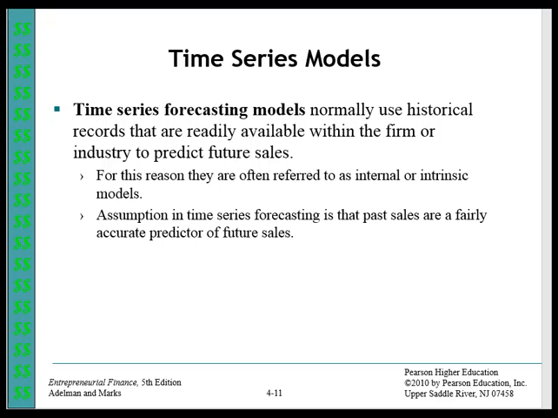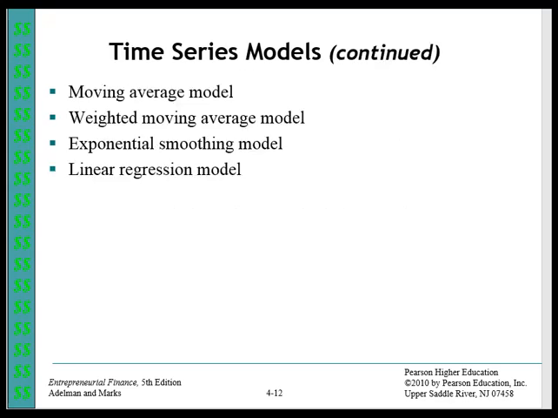The assumption of time series is that the data we're looking at has some predictive ability in the thing that we're trying to forecast. And there are several types of these time series models. Something called a moving average, a weighted moving average, an exponential smoothing model, and a linear regression model. Now, we're only going to talk about a few of these, but there are several models that we ultimately can use.